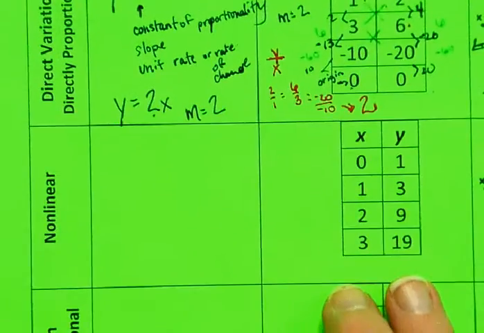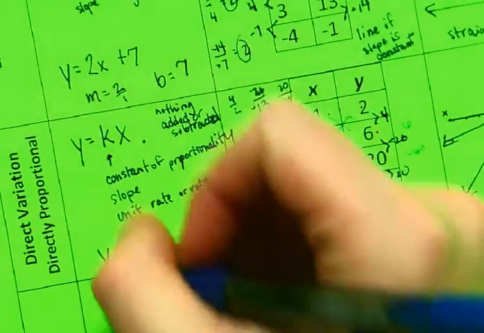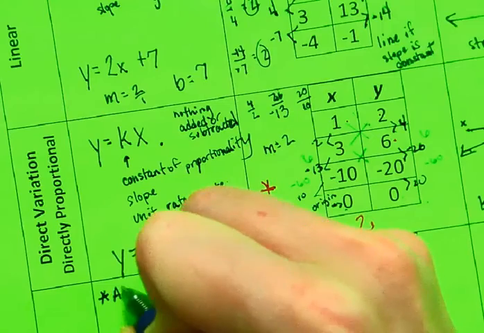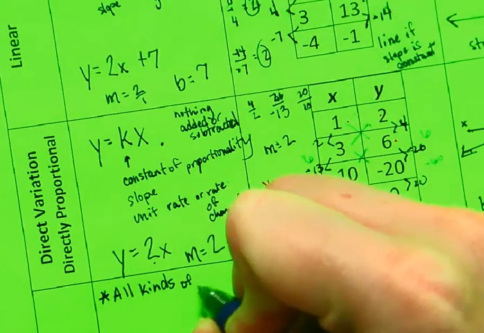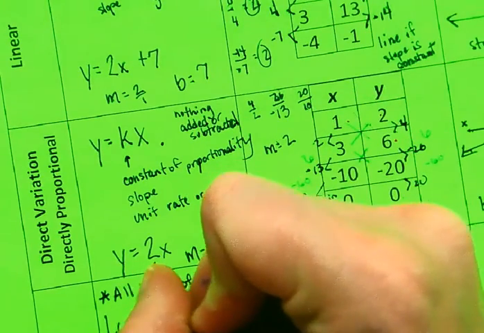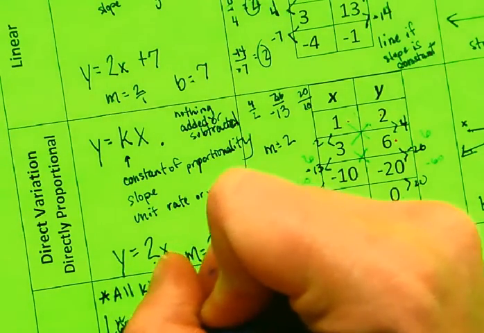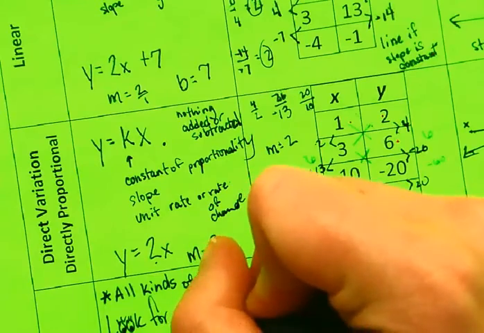Okay, so now we're going to look at nonlinear relationships. And the difficult thing about this is you're going to have all kinds of options for an equation. The thing you need to look for is exponents.